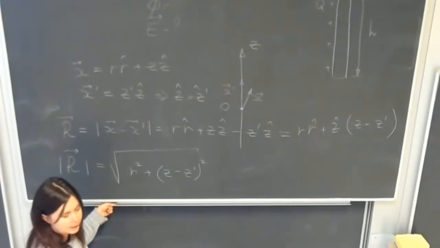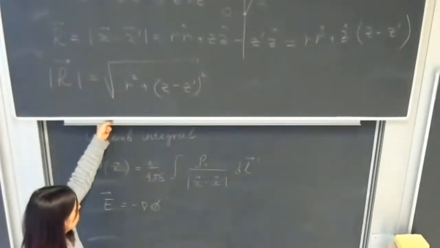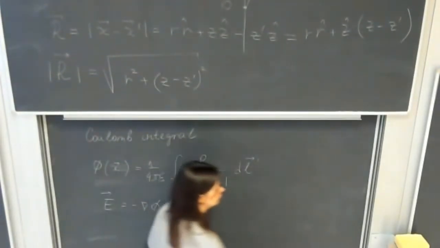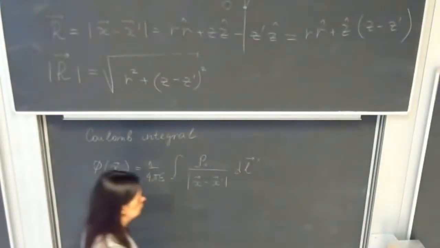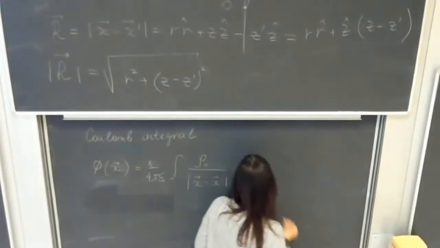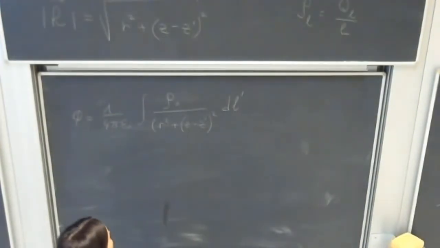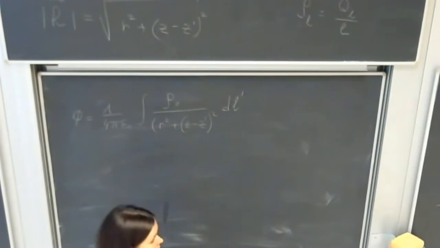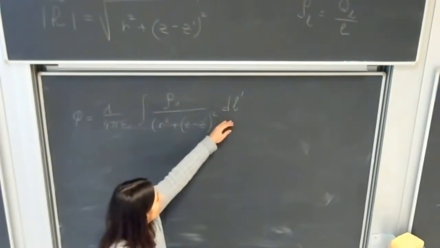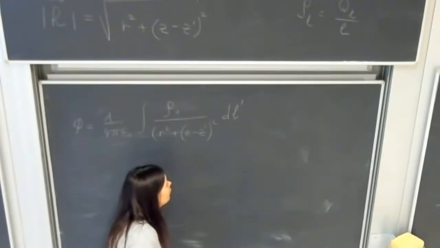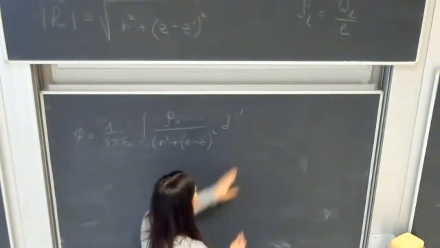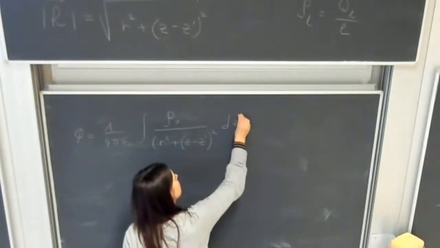So now we can plug it into the Coulomb integral. In this case, the dl is along the length of the rod, so it can be replaced with dz prime.